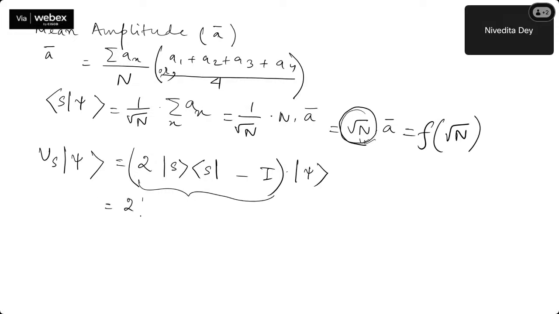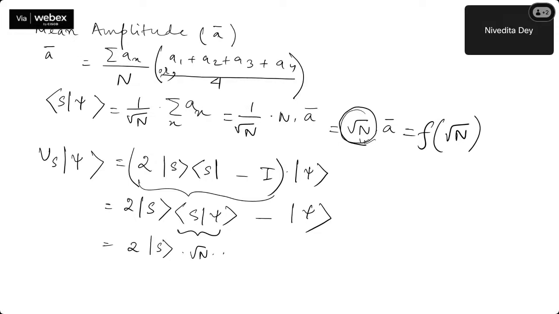So it is nothing but 2 ket S times the inner product, minus ket psi. In place of this entire thing, let me just write root n times a bar. So if I write it, it is basically 2 into ket S times root n into a bar, minus ket psi.